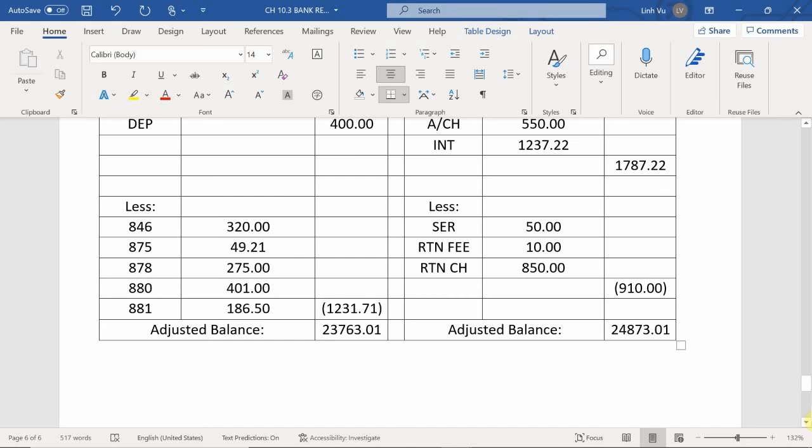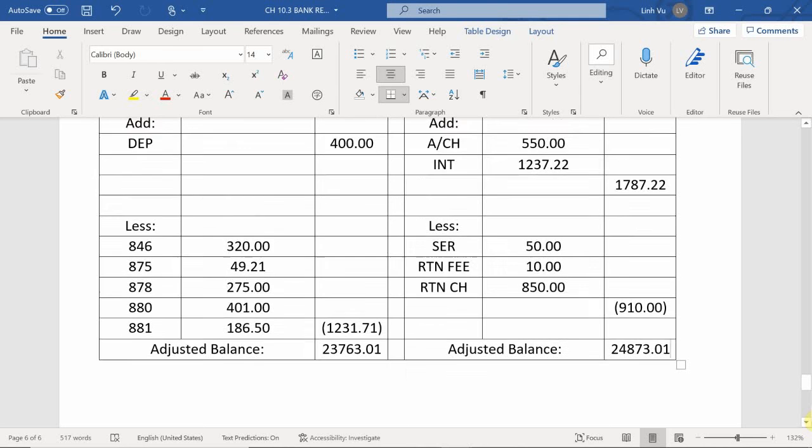What's the difference between the 23,763.01 versus the 24,873.01? $1,110. So I'm missing $1,100. Okay, I'm missing $1,100, so I have to actually look for it.